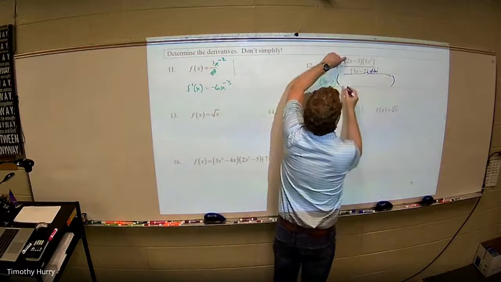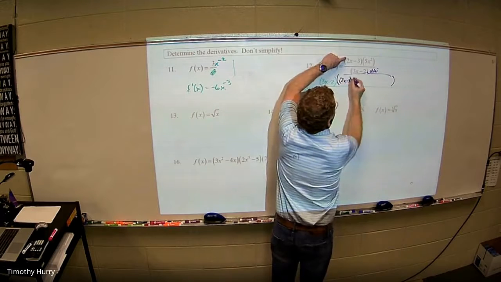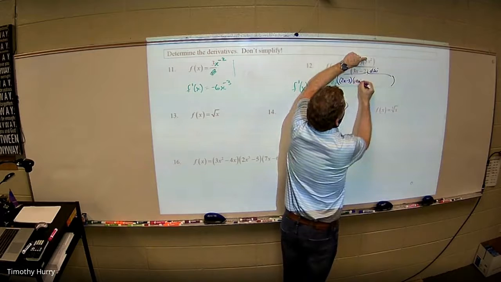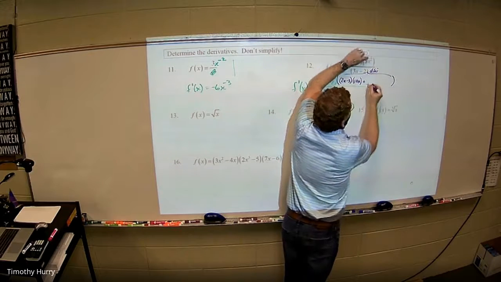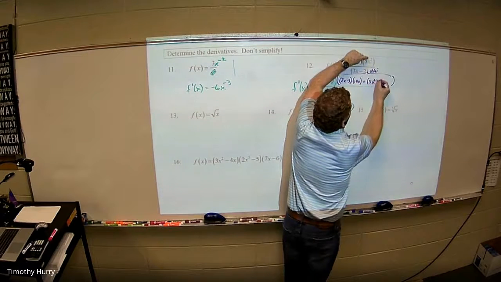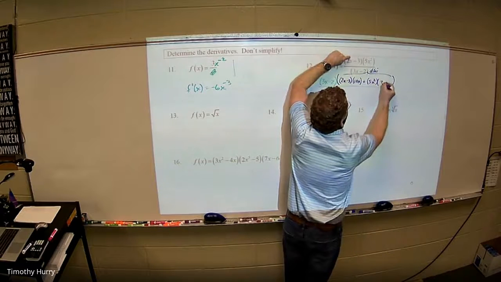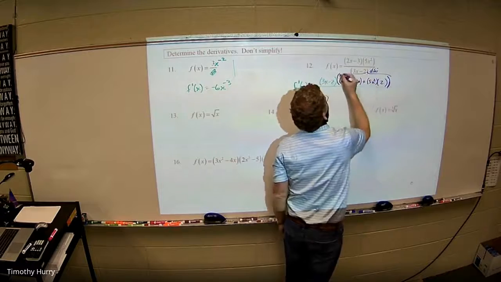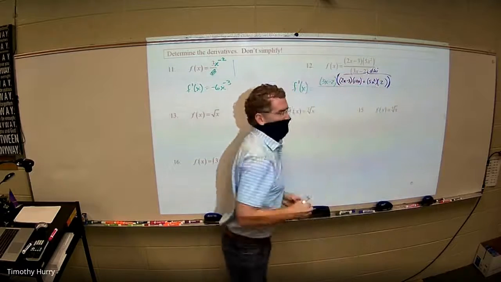So here we go. First, d second, 10x, plus second, 5x squared, d first, 2. And that whole thing has to be multiplied by the 3x minus 2.